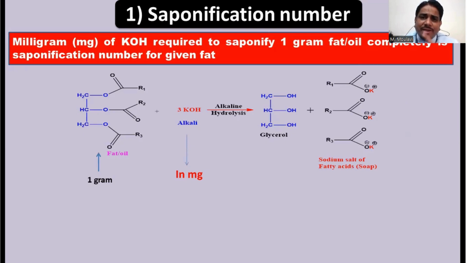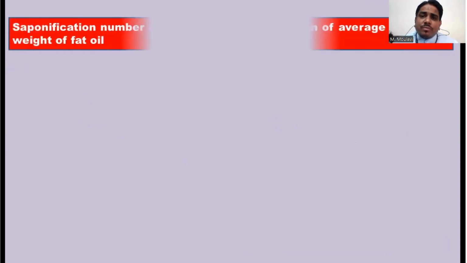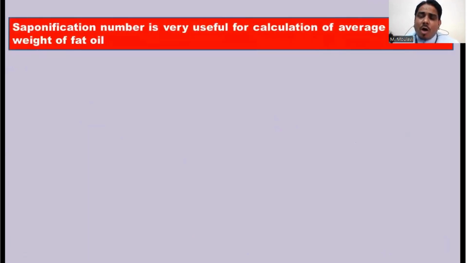Saponification number is a very diagnostic parameter, and it is used for the determination of the molecular weight of fat and oil, because the saponification number of fat and oil is inversely proportional to their molecular weight. So this is very useful for calculation of the average molecular weight of fat and oil.